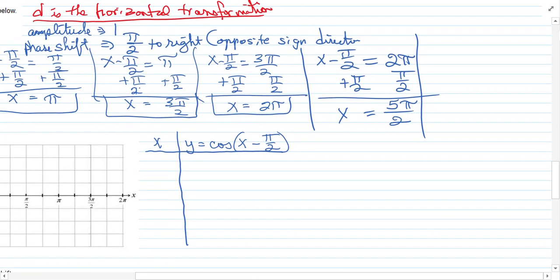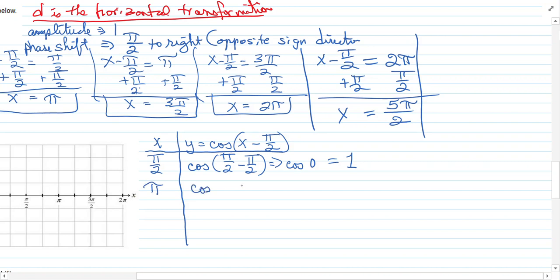All right, so I'm going to start first with pi halves. So I have cosine of pi halves minus pi halves. That gives me cosine of 0, which gives me the 1. Then I'm going to have pi.